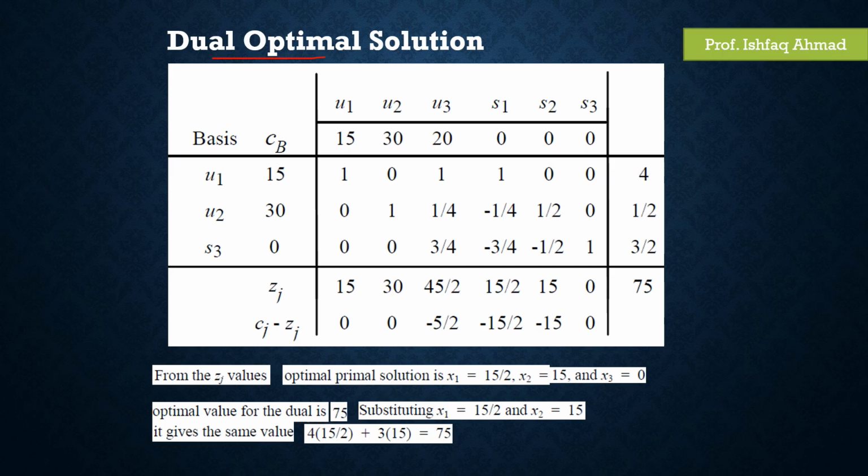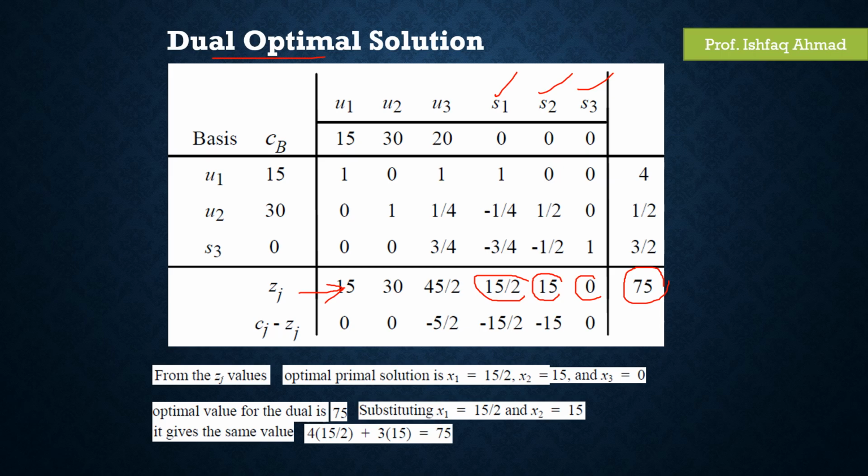In this solution, from the zj values in this row, we find that the optimal solution is x1 value is 15 by 2 and x2 value is 15 and x3 is 0 against the slacks we used, and this represents the original variable for the original problem. So the optimal value for the dual is 75. That table is for the dual, and the optimal value is 75.